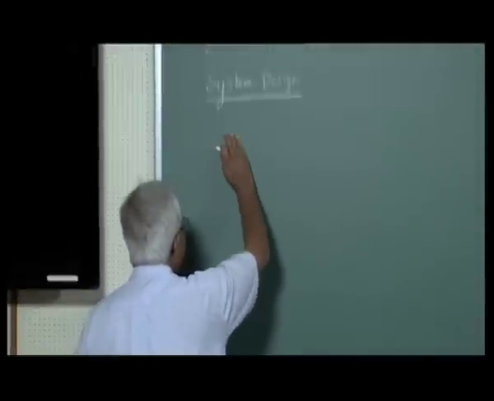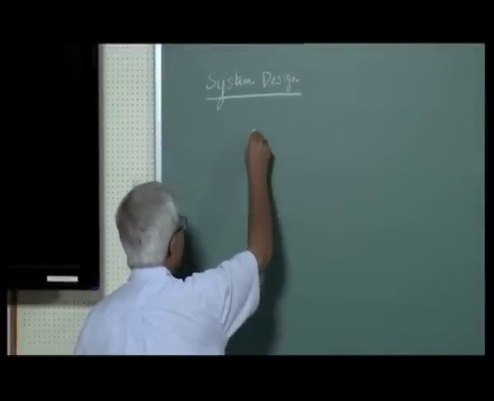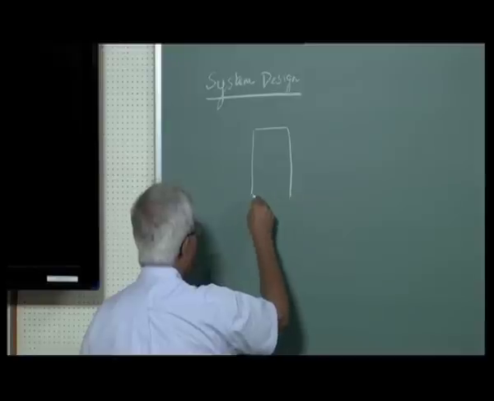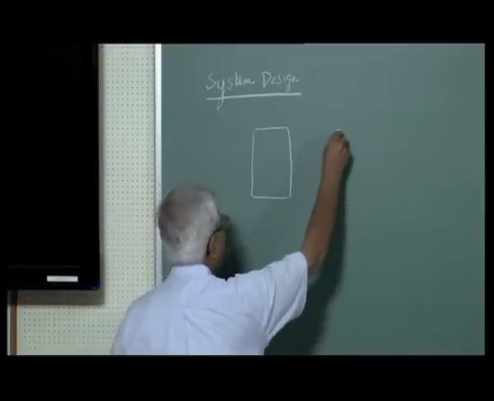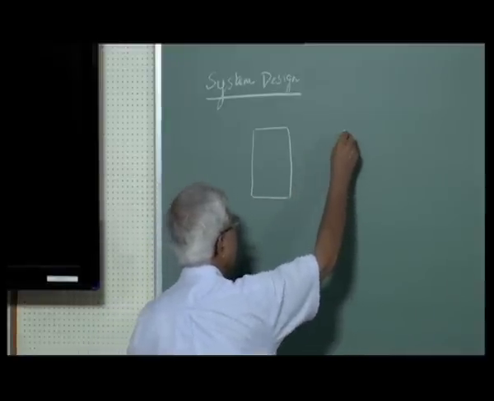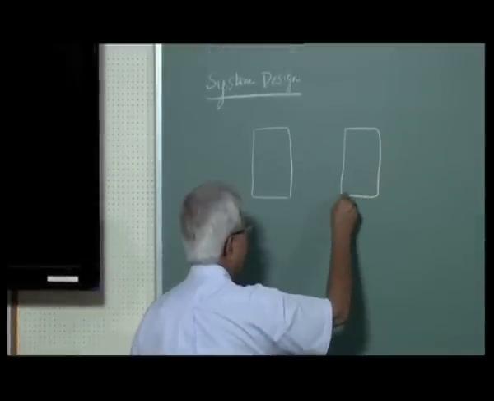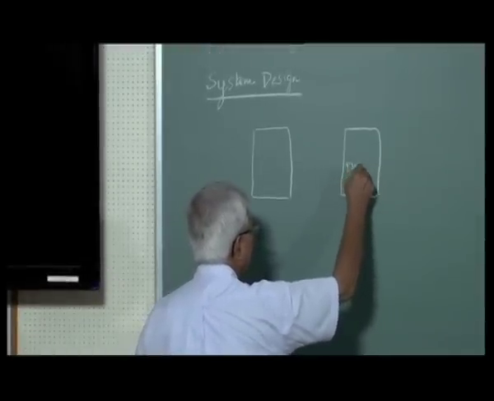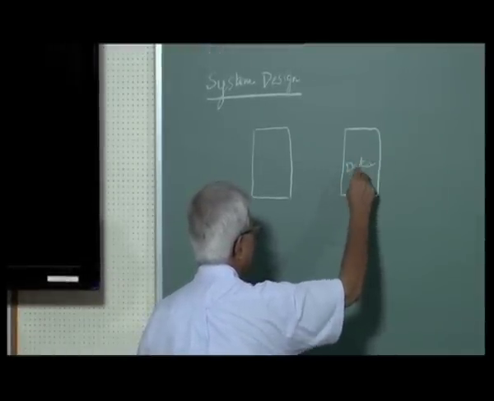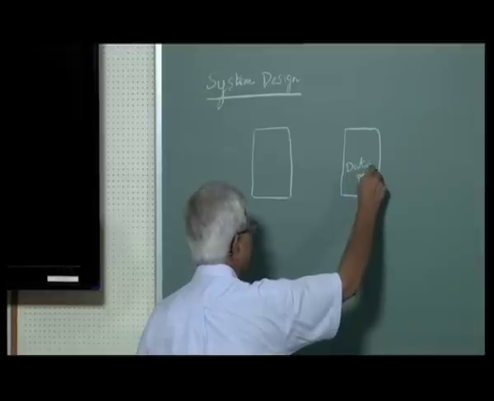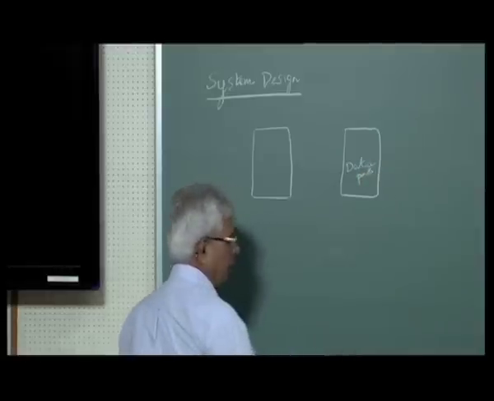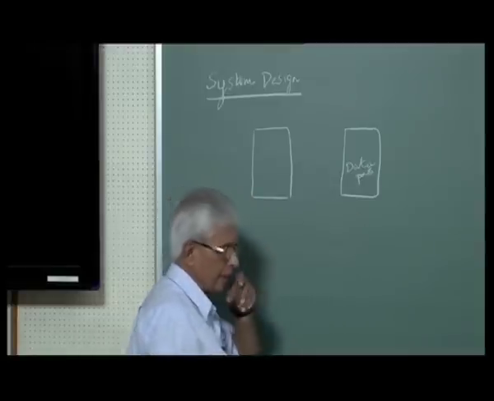Let us remember this block diagram that we did last time. Here is a digital system. We have two blocks. One is called the data path, where the actual components of the system exist.